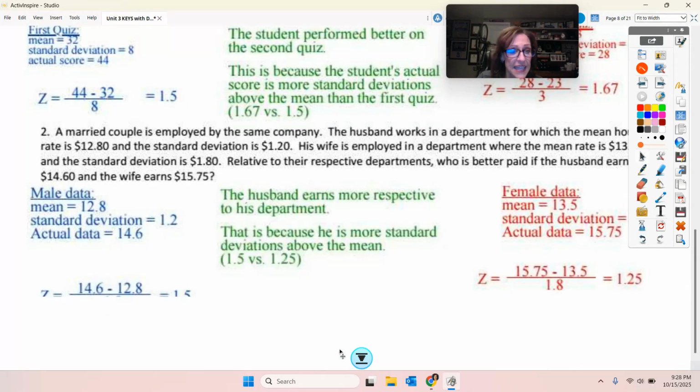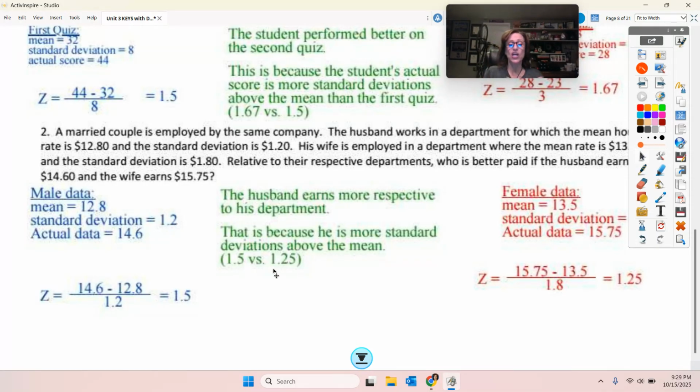He is 1.5 standard deviations above his peers. She is 1.25 standard deviations above her peers. So therefore, the husband is actually higher up in his department than she is because, and here's how you explain that, he is more standard deviations above the mean.